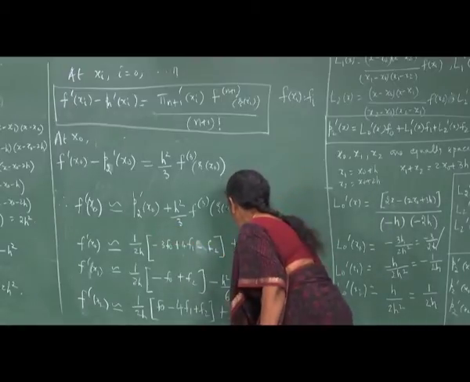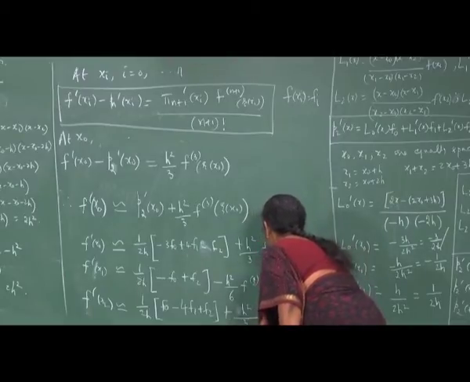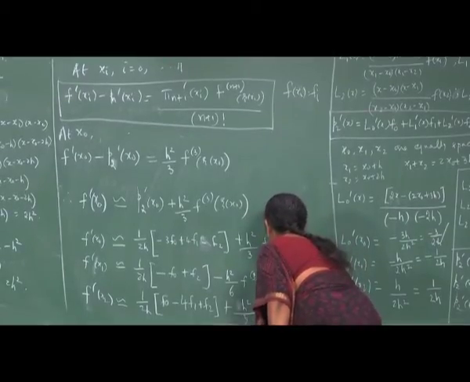So, I can simplify and write h square by 3 into the third derivative at psi of x2.